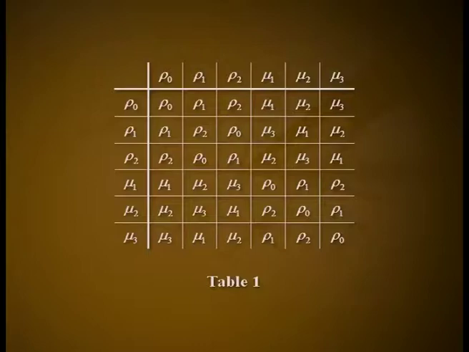Rho 1 is equal to 1 to 2, 2 to 3, 3 to 1. Mu 2 is equal to 1 to 3, 2 to 2, 3 to 1. Rho 2 is equal to 1 to 3, 2 to 1, 3 to 2. Mu 3 is equal to 1 to 2, 2 to 1, 3 to 3. The finite group table 1 of S3 is as follows.